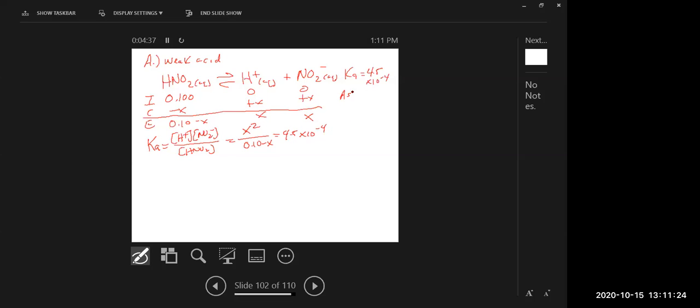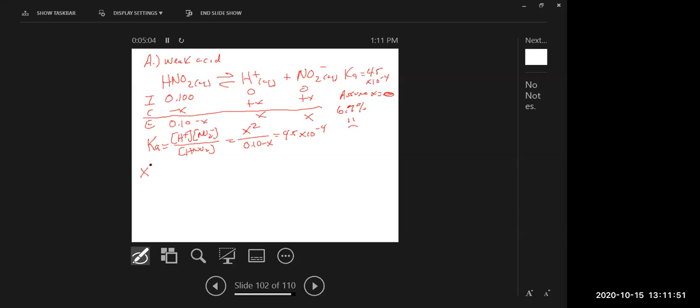You could try to assume that x is equal to 0. And if you did that, hopefully you checked it, because I think you got like 6.7%, give or take, which means it's a bad assumption in our 5% rule that we've done before. So we do need to solve it a different way, which is using the quadratic. So we're going to multiply the 0.1 on the bottom there to the other side.